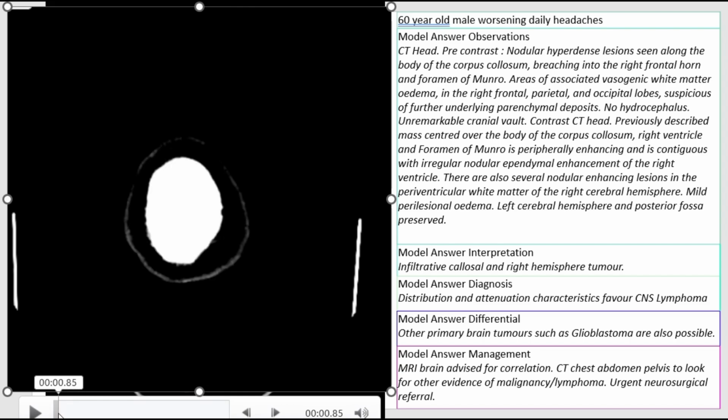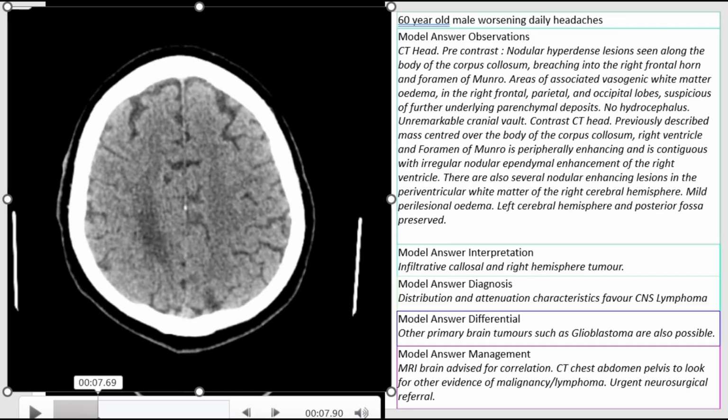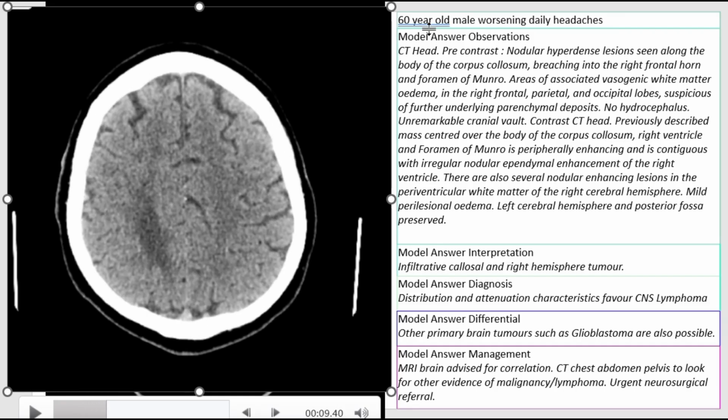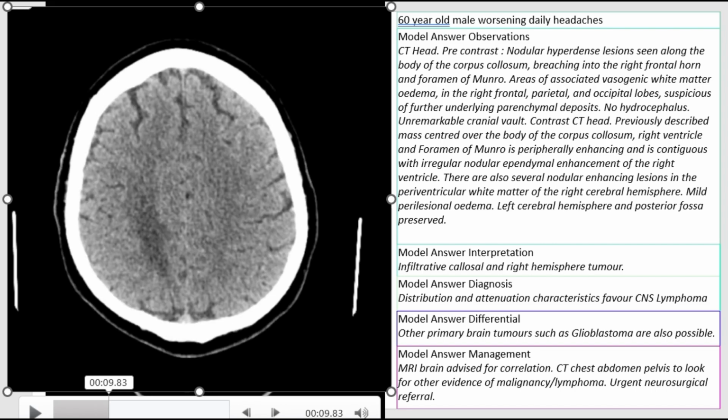So let's talk about our case. 60-year-old male with worsening daily headaches. This is the pre-contrast CT scan, which showed nodular hyperdense lesions seen along the body of the corpus callosum.